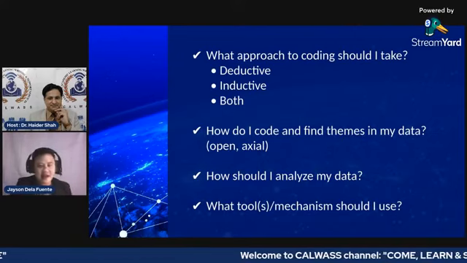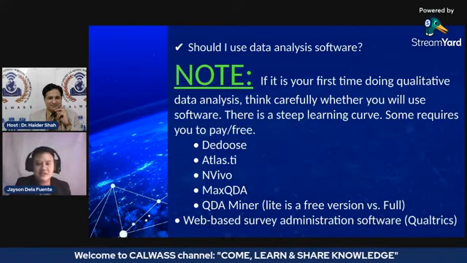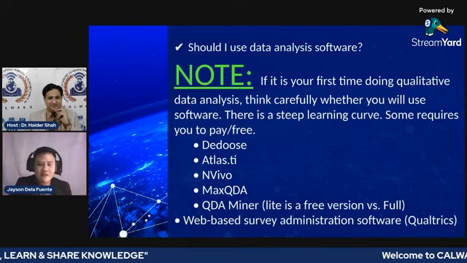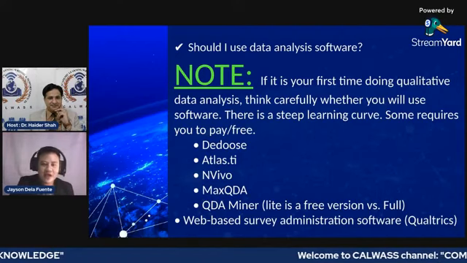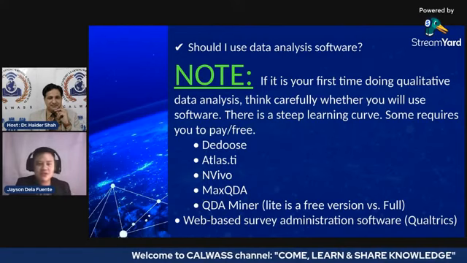How should you analyze the data? Are you going to use tools or mechanisms such as DDoS, Atlas TI, NVivo, MaxQDA, QDA Miner, and web-based survey administration software, or Qualtrics?